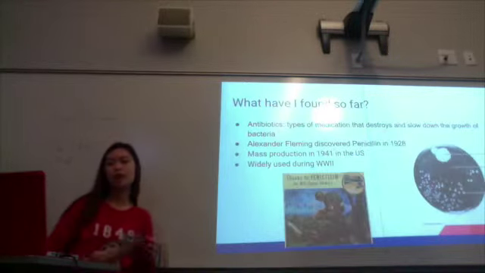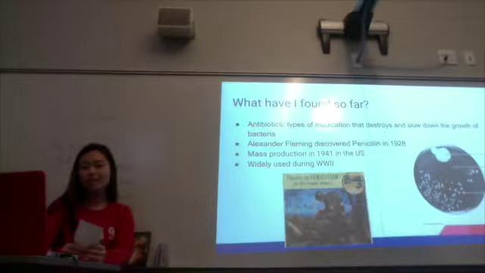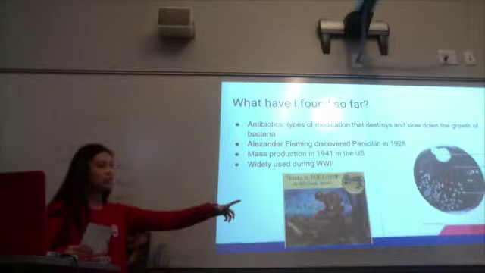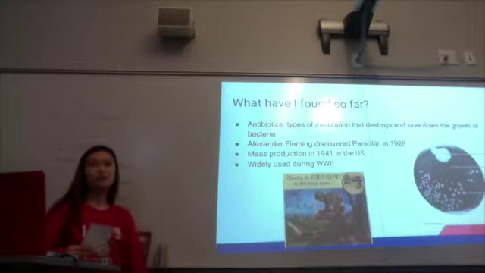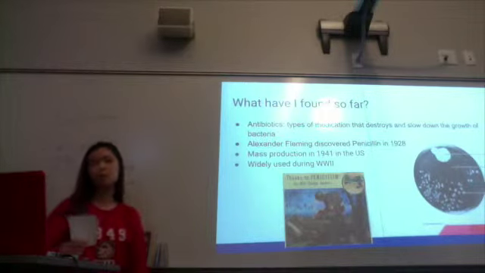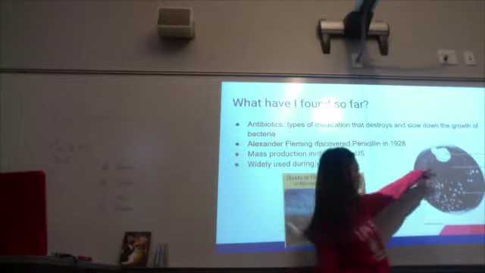So how did he discover it? He was growing some bacteria in a dish, and then he went off on holiday and came back. He found there was mold growing on the dish. This is the mold he found.